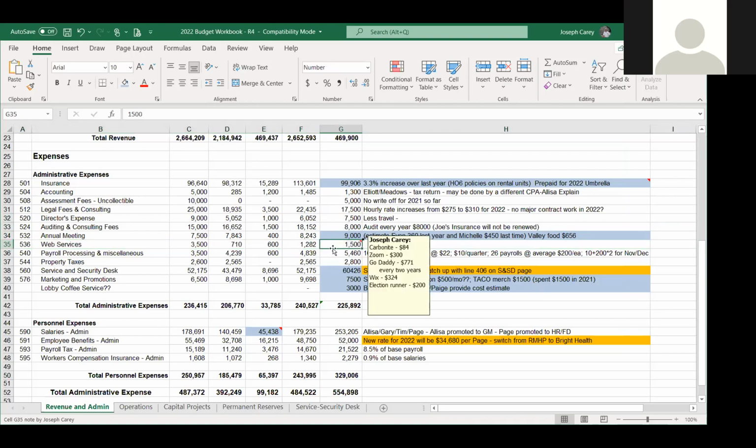What's included in that budget is Carbonite, which is the backup system for the business computers; our Zoom subscription, $300; our web hosting and domain registration costs with GoDaddy, $771 every 2 years; Wix, which I believe is the website development tool that Gary uses, $324 a year; and then Election Runner, our voting system, which replaced SurveyMonkey.